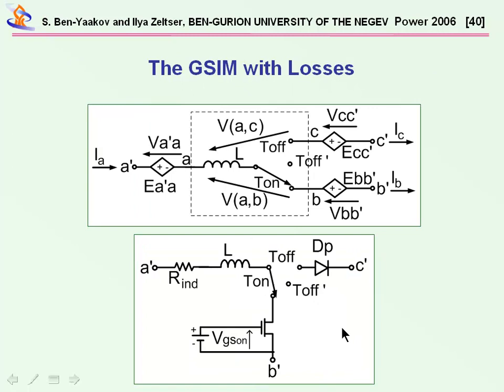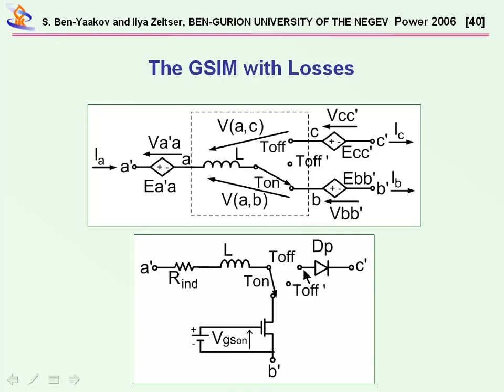The added feature that has been extended in the last few years is to add losses, for example, the loss across the diode and the loss across the transistor. This is done by adding additional voltage sources that dissipate power to represent the power losses here.